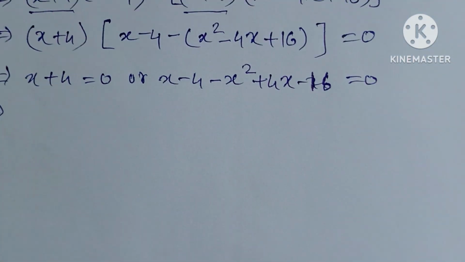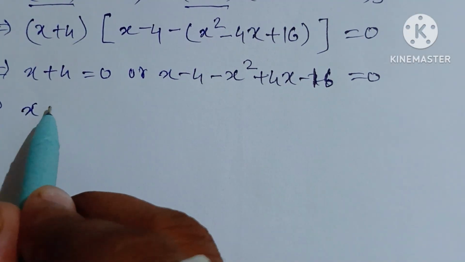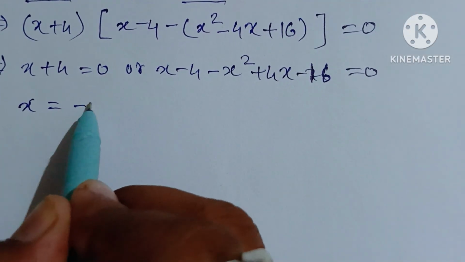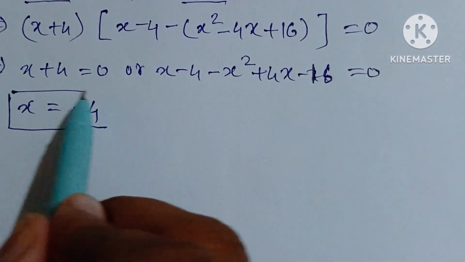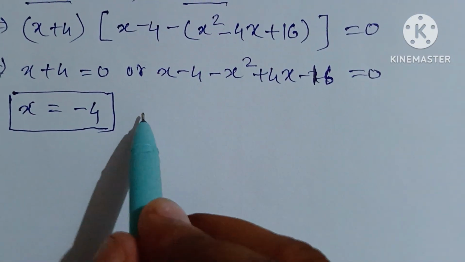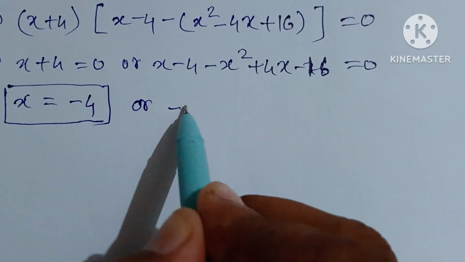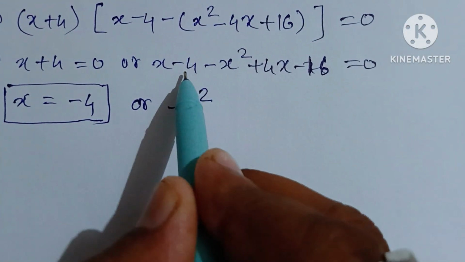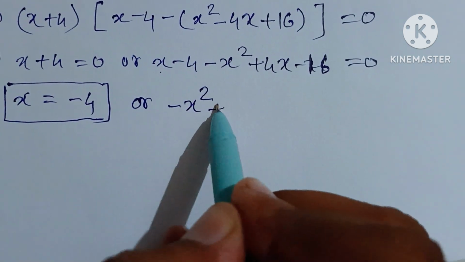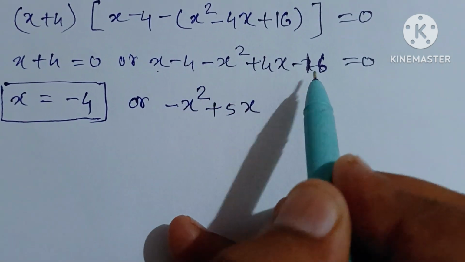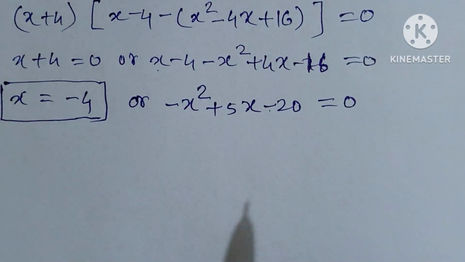Now we write x equal to minus 4. So this is the first value of x. Or here we write minus x square, x and 4x, 1x and 4x becomes 5x, minus 4 minus 16 becomes minus 20 equal to 0.